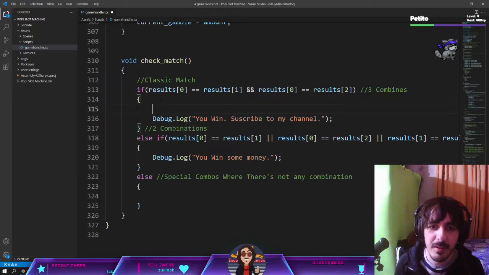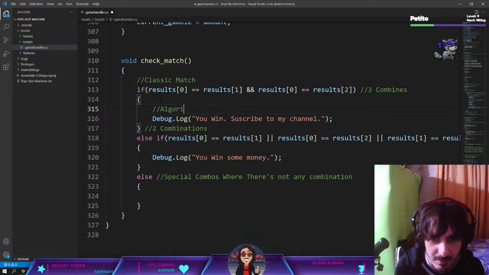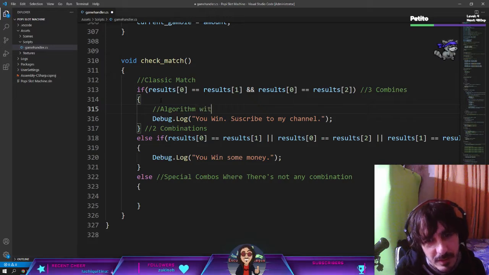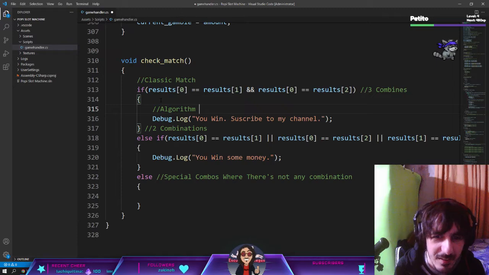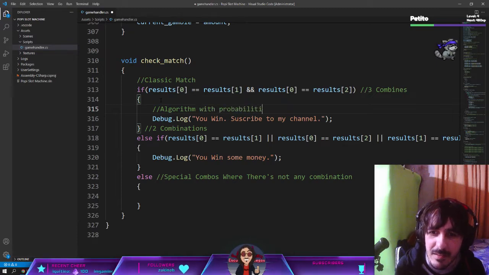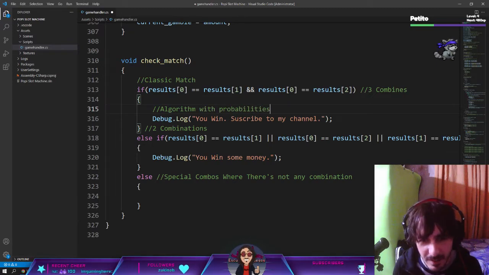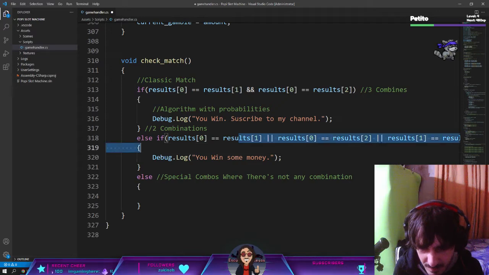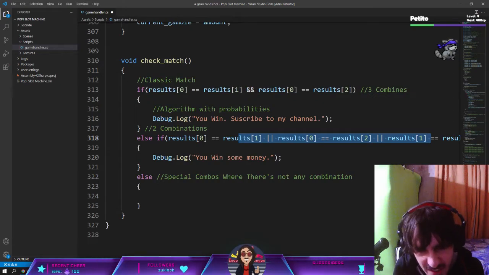I will have here an algorithm with probabilities, and here if they have just 2 coincidences, 2 matches.